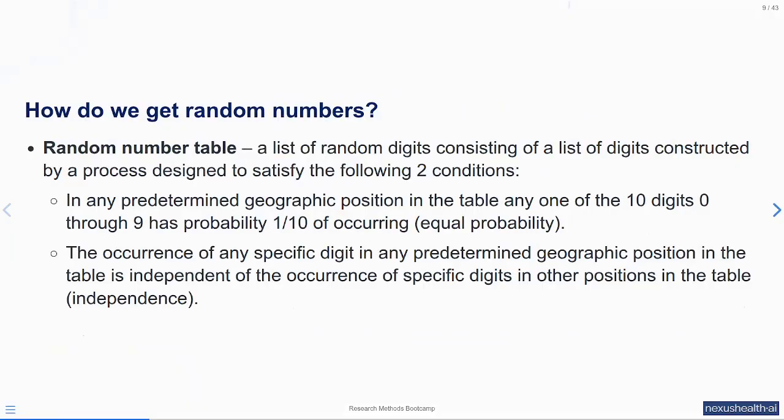So there is an equal probability of the digits 0 to 9 occurring in that location. The occurrence of any specific digit in any predetermined geographic position in the table is independent of the occurrence of specific digits in other positions in the table. And so there is independence of these digits.